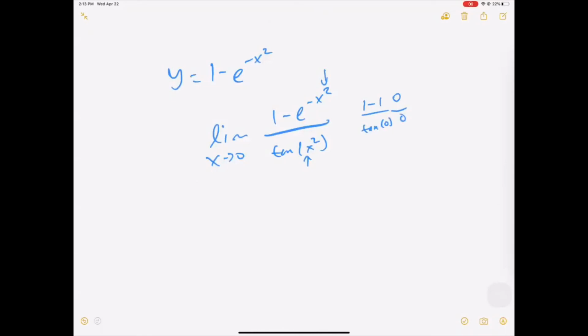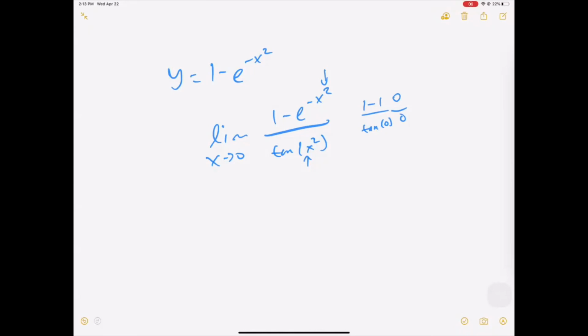Does that tell us anything? Indeterminate. Great. So indeterminate means try again. And we had a way of finding the limit that's really easy. Anybody remember how to find the limit if it's 0 over 0? What should we do and then try again? Does anybody remember? It's called L'Hopital's rule.